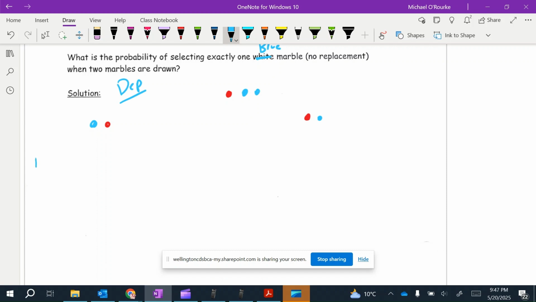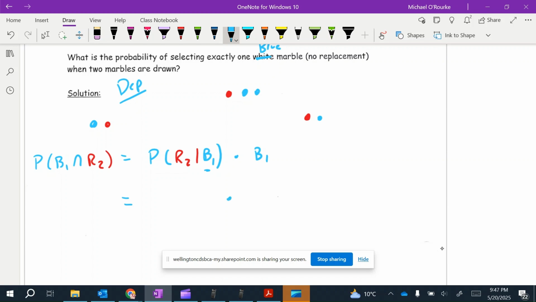So the first probability is going to be, we want the blue one first, a blue 1 and a red 2. So that's going to equal the probability of getting a red 2 given I got a blue the first time times the probability of getting a blue the first time.